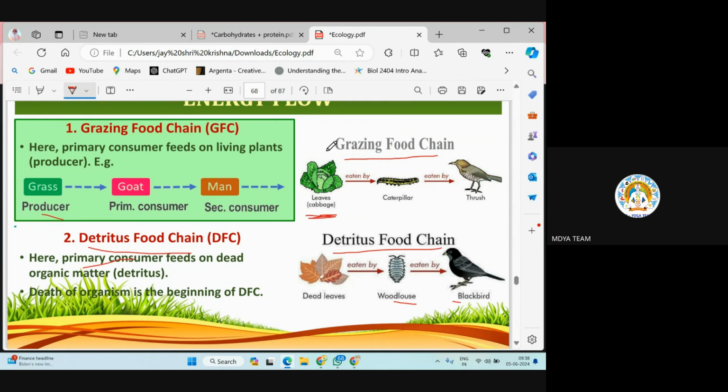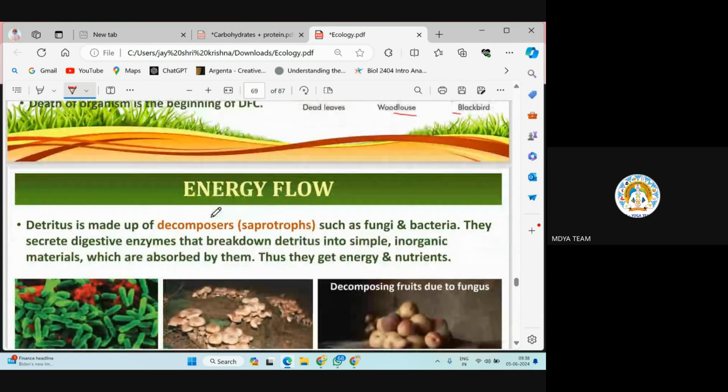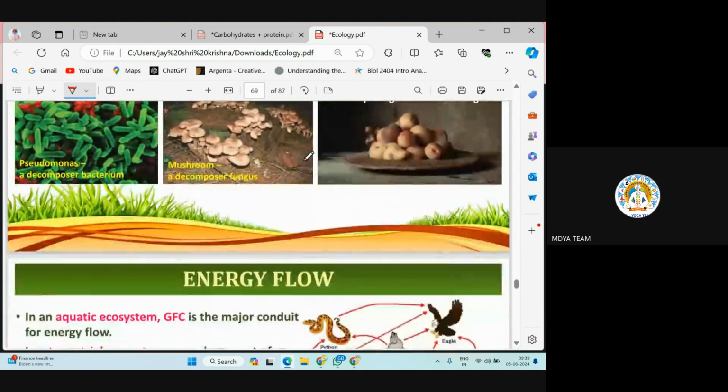The grazing food chain starts with living plants, and the detritus food chain starts with dead leaves or some dead remains. These decomposers such as fungi and bacteria, that we have seen in the process of decomposition, these microorganisms or insects start this detritus food chain.